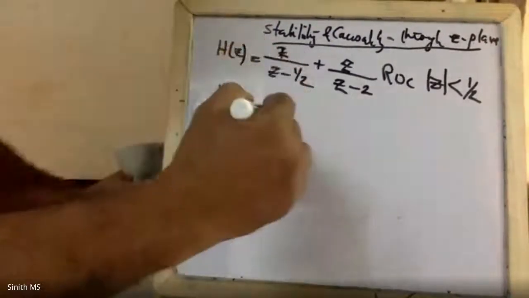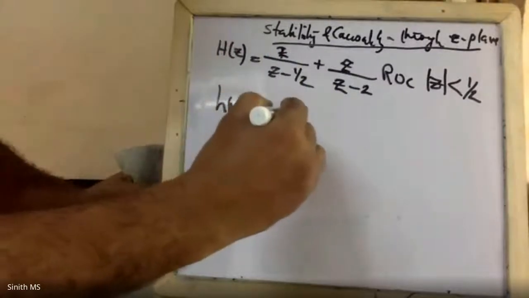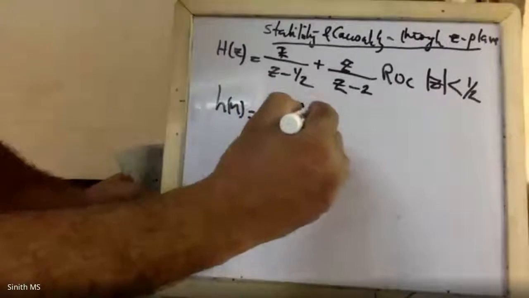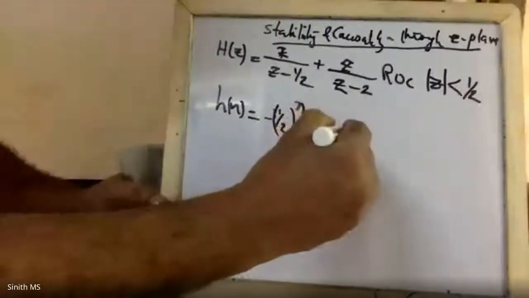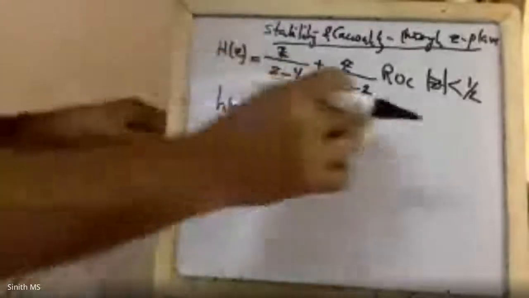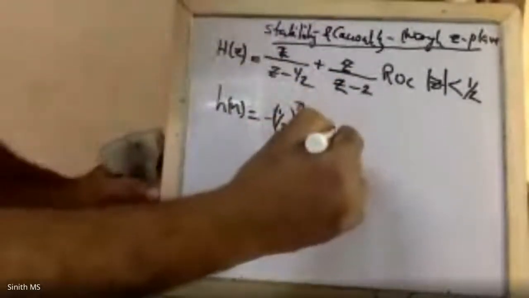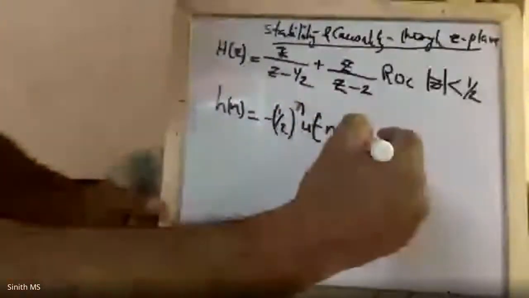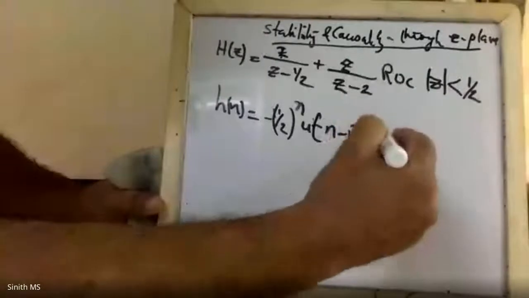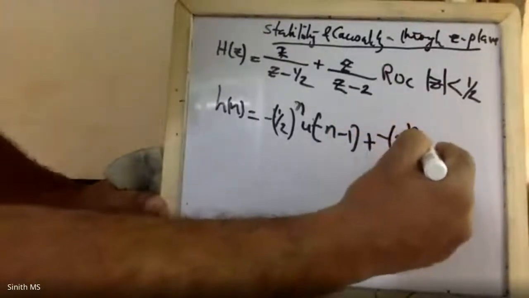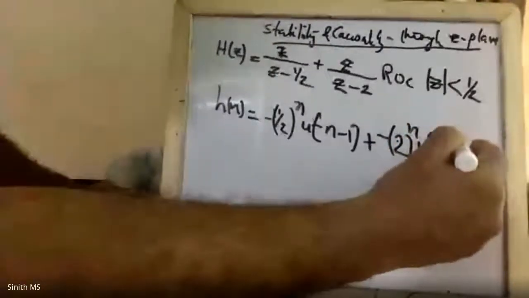So this you can write as minus a raised to n u[minus n minus 1], again plus minus 2 raised to n u[minus n minus 1].